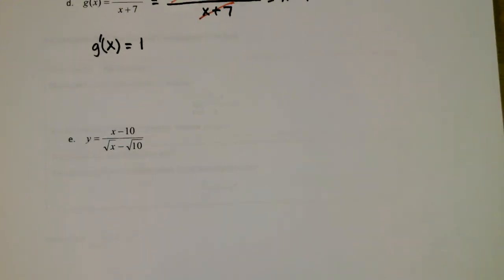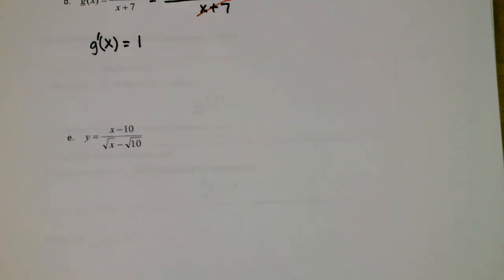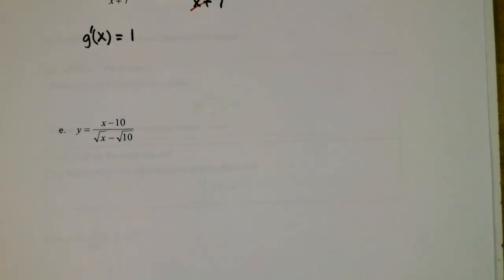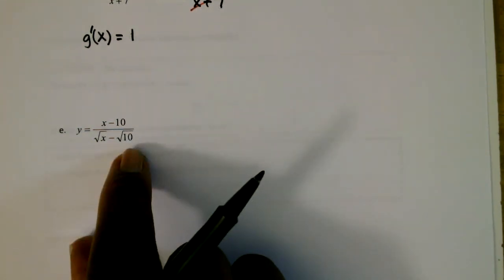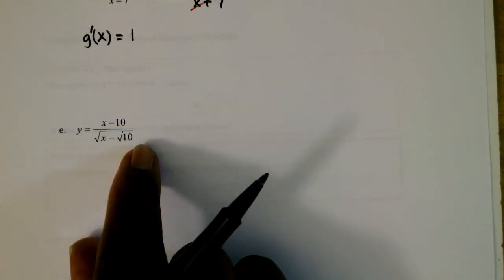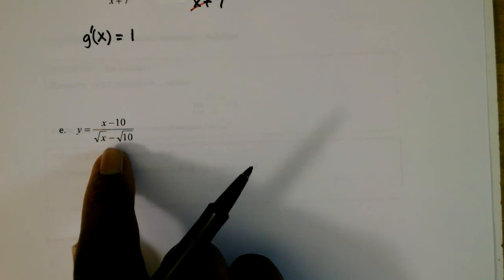And part E, y equals x minus 10 divided by the square root of x minus the square root of 10. Now with this, we're going to have to simplify that by multiplying the numerator and the denominator by the conjugate of our denominator. If you remember what conjugates were, it was this. You have the same two terms, but we use the opposite sign.